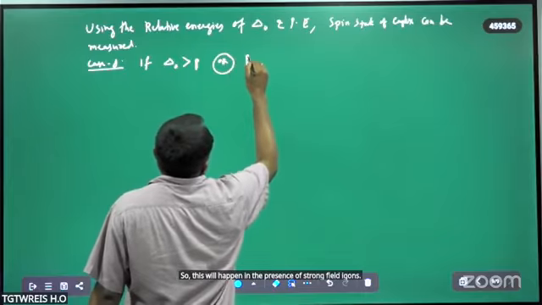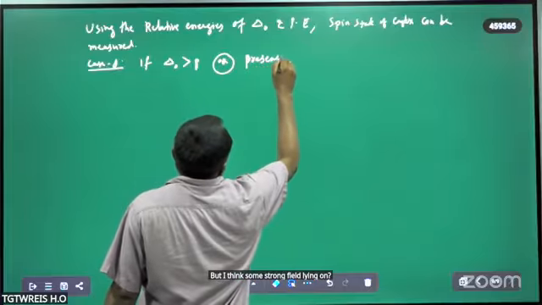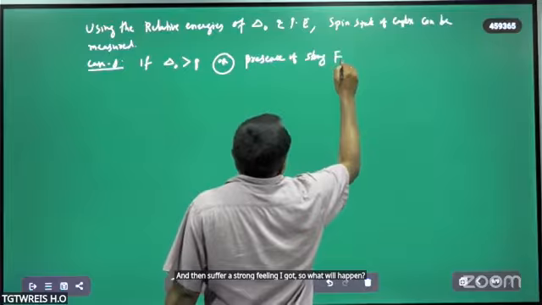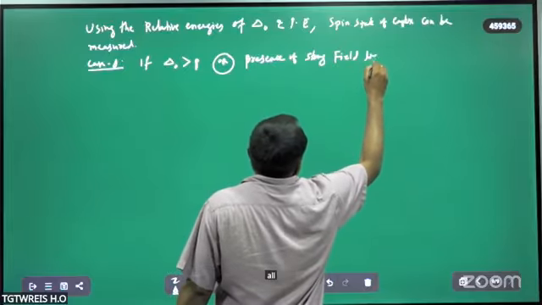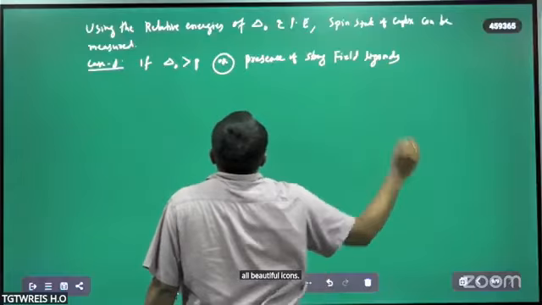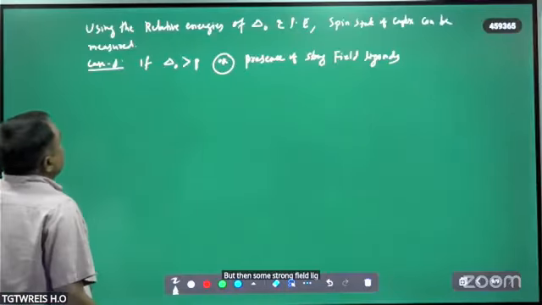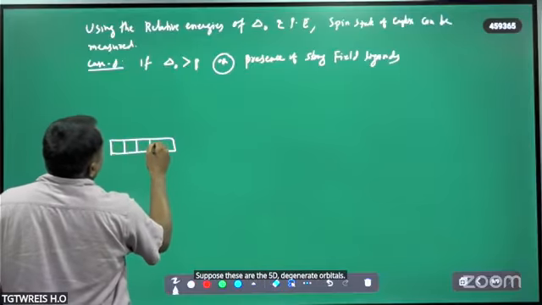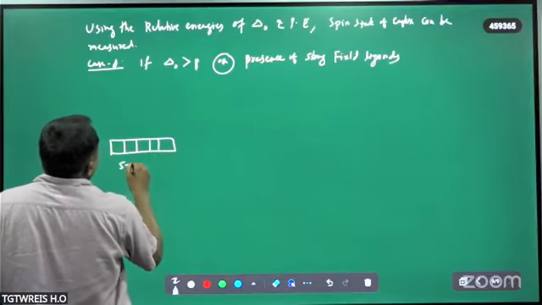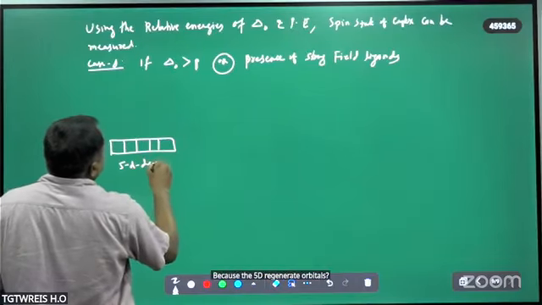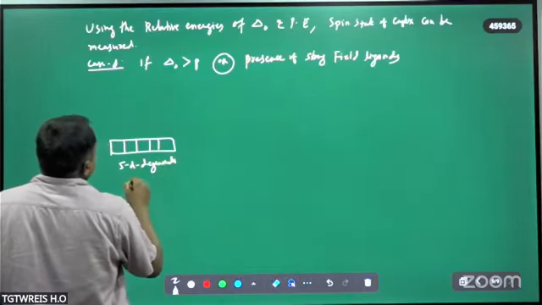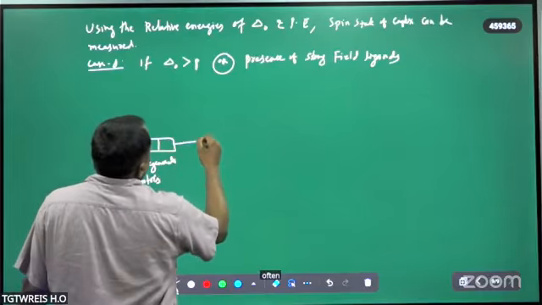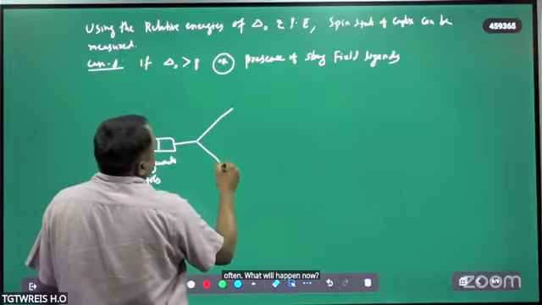In the presence of strong field ligands, suppose these are the five d degenerate orbitals. What will happen now? This is the crystal field splitting.